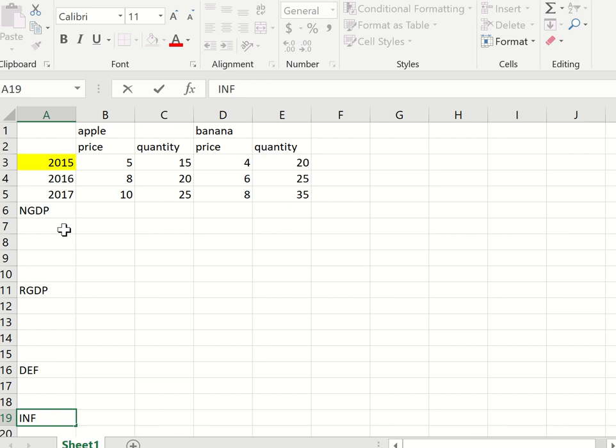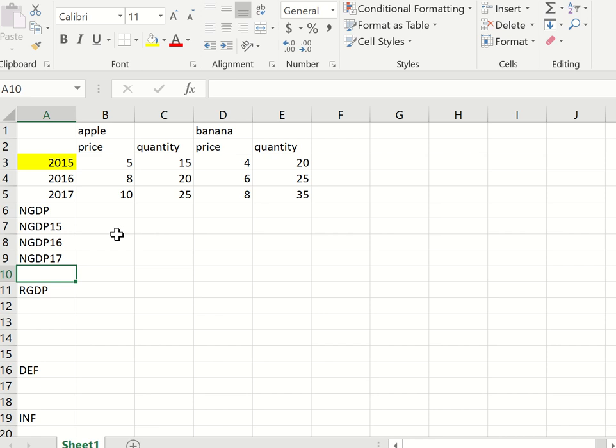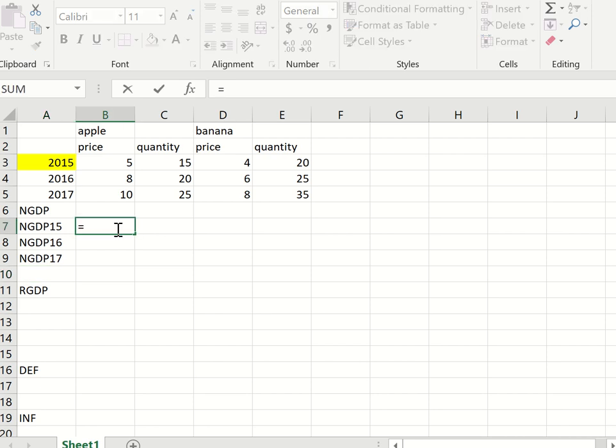All right, so for nominal GDP, let's do nominal GDP for 2015, nominal GDP for 2016, and nominal GDP for 2017. All right, so for nominal GDP for 2015, so again, remember GDP is the gross domestic product. So gross means everything, right? So don't just find the value of one item, just one apple.